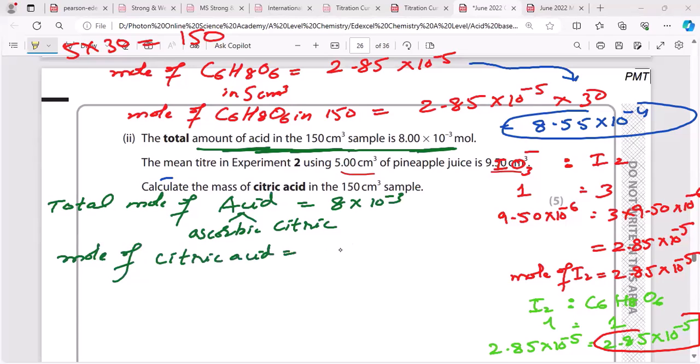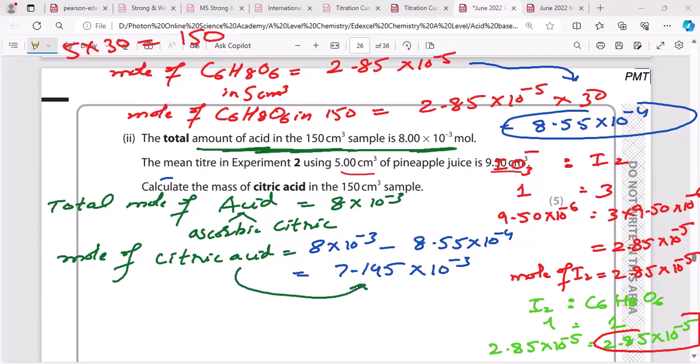If I subtract the moles of ascorbic acid from the total moles of acid, total moles of acid is this, the moles of ascorbic acid is this. So when I subtract the moles of ascorbic acid from the total moles of acid, I will be getting the moles of citric acid. That is 7.145 into 10 raised to power minus 3. Yes, now I have the moles of citric acid.